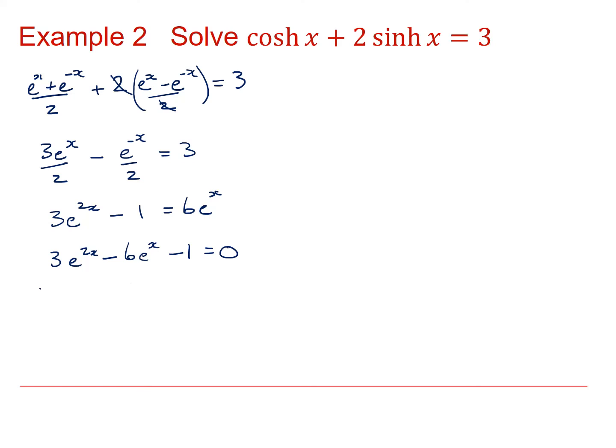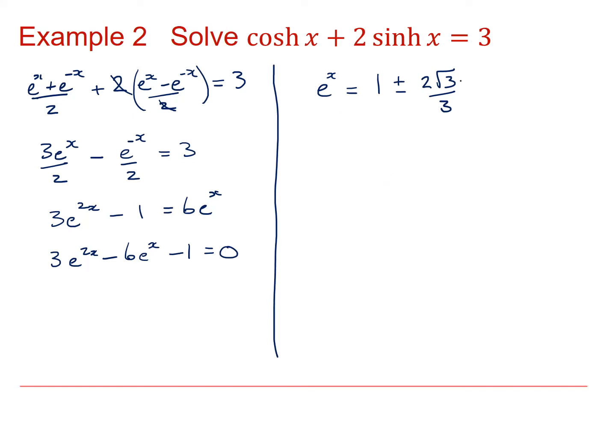Now again, I could use a variety of techniques to solve this. This one actually is probably better with the formula, and I'm just going to give you the result here. So this is going to be e to the x is equal to 1 plus or minus 2 root 3 over 3.